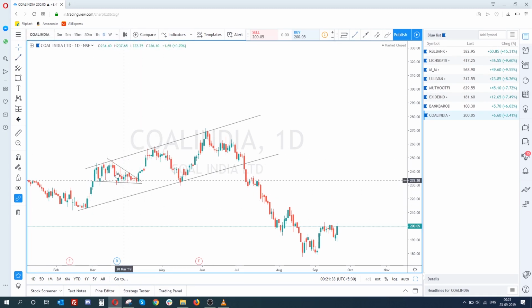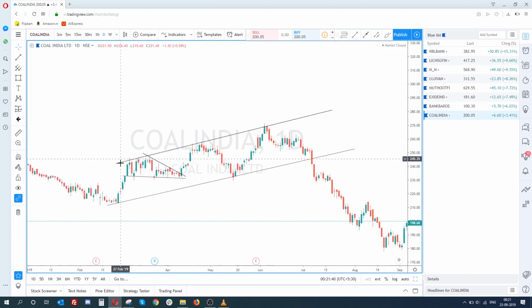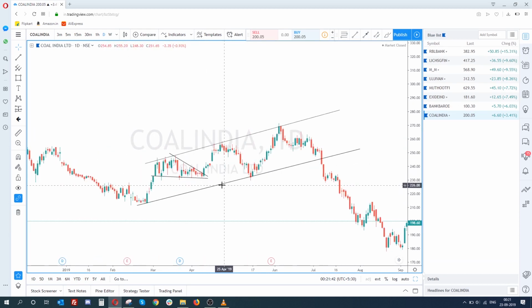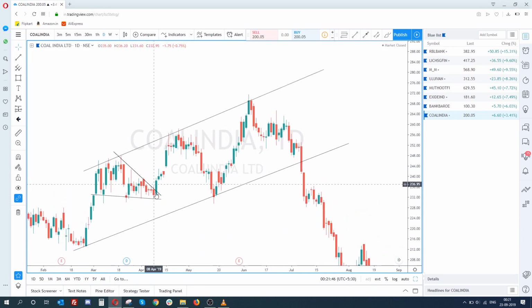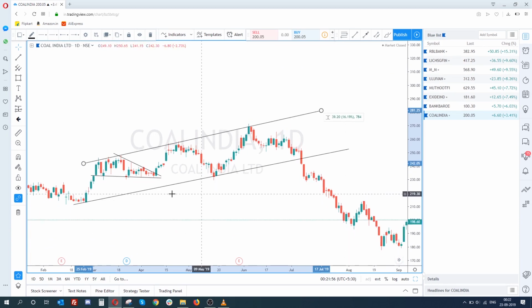Again, I was just able to draw some pattern just by looking at it. If you see, there is a triangle pattern inside the channel, so you can make use of this as well. This is a huge green candle breaking out, so that's a buy with a target up to our line. You can also play inside these channels.